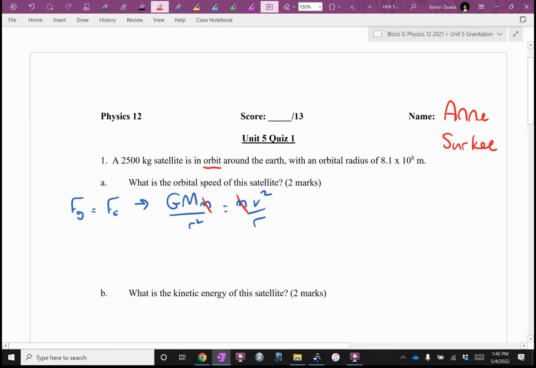I don't have to cancel out the little m, but I usually choose to. In fact, this one here, we also noticed one of the r's canceled. The r won't always cancel, but in this version it does. And we end up with orbital speed equaling the square root of big G, big M over r.